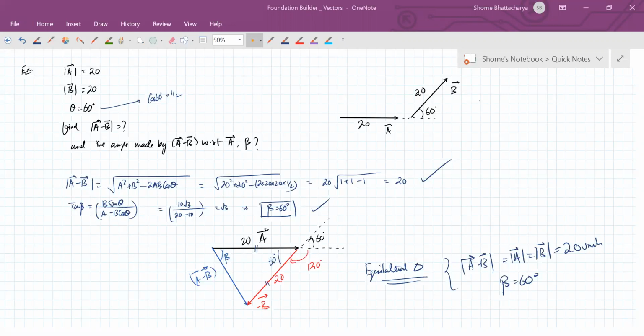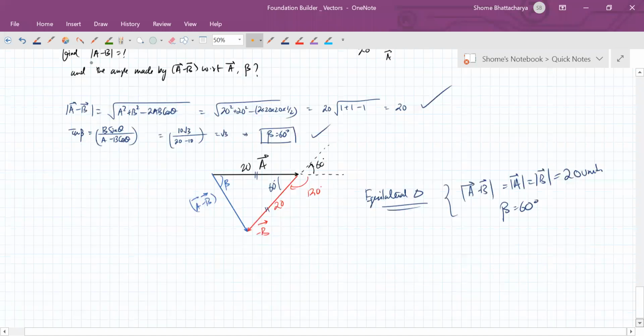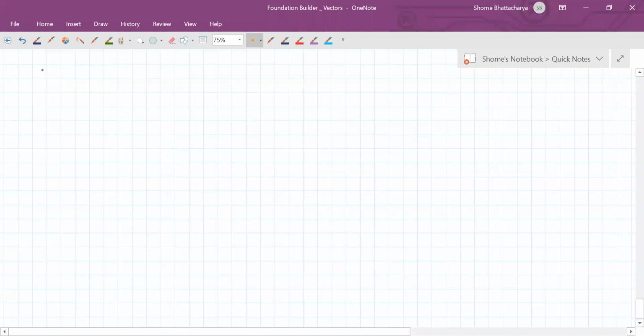Now next up, we will look at a theorem wherein we combine the two triangles for the sum and difference into one theorem. So that is called the parallelogram theorem or parallelogram law for vector sum and difference.